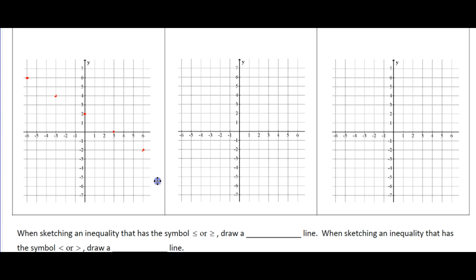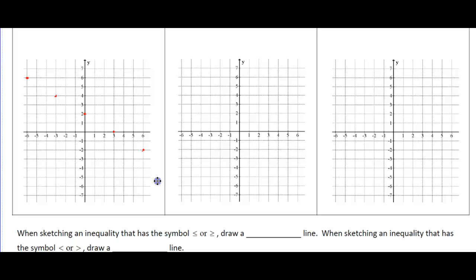Now, here's the thing. The boundary line is either part of the solution or it isn't. What would make the boundary line part of the solution? If it says less than or equal to, or greater than or equal to, then you're including the line. When you say equal to, that includes the line.